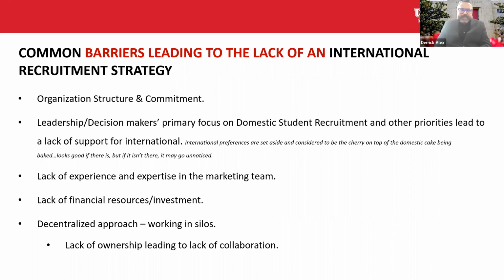Connecting with the university marketing and communications department is always helpful, because anything you do, you want to make sure you're following the branding guidelines and what the university expects in terms of the messages that go out to students.